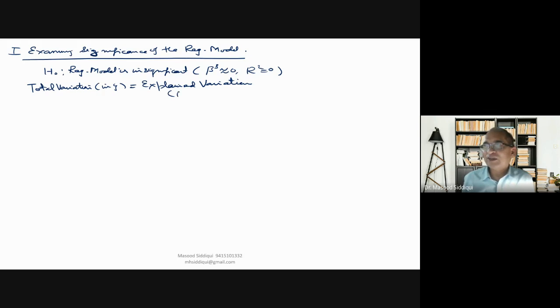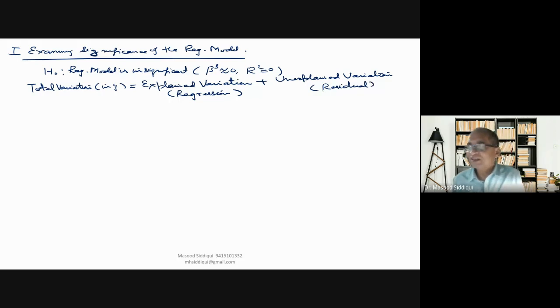So this is known as variation because of regression. And another type of variation is outside the model. That is known as unexplained variation. This is because of something else, known as residual or the error, right?